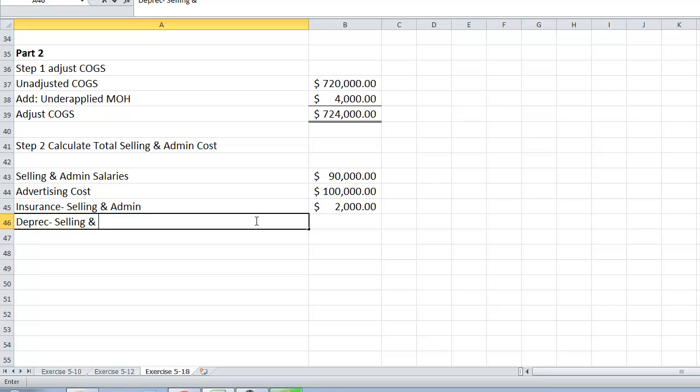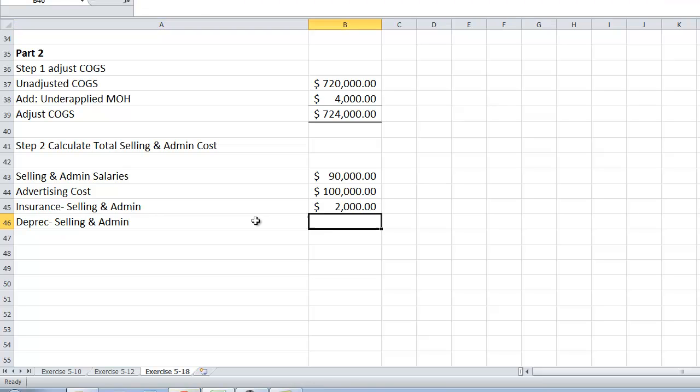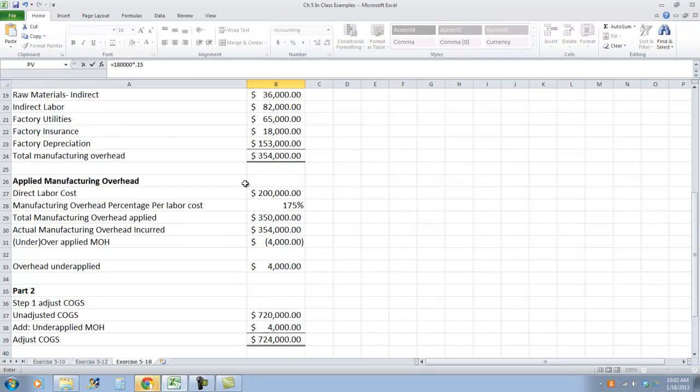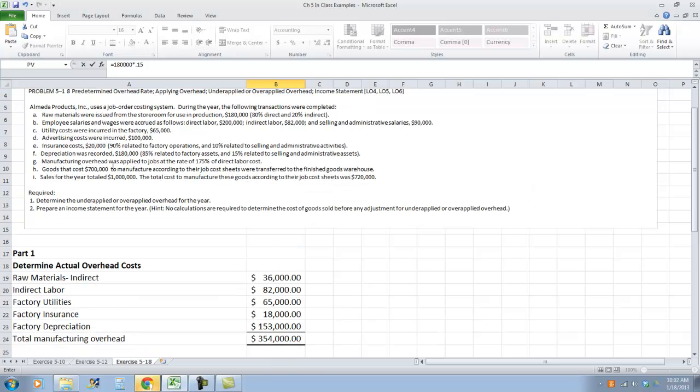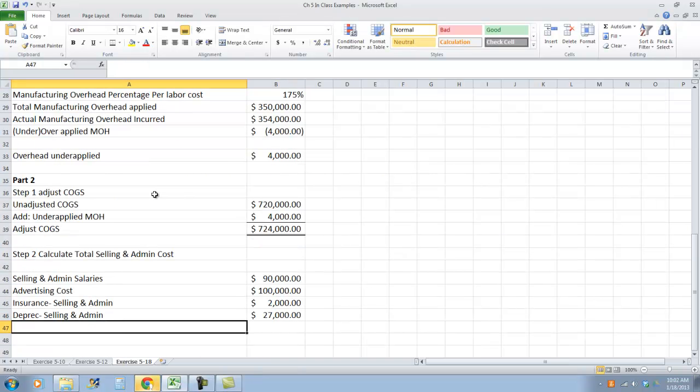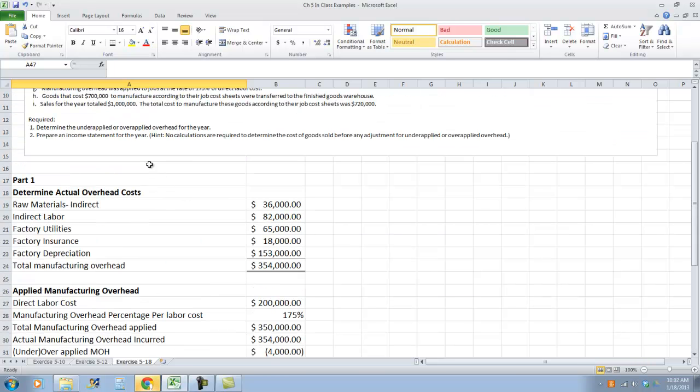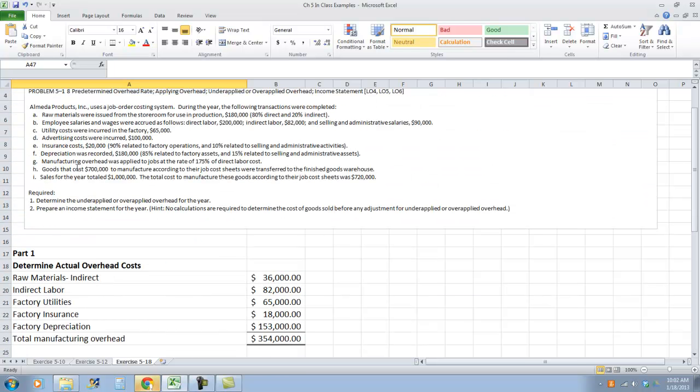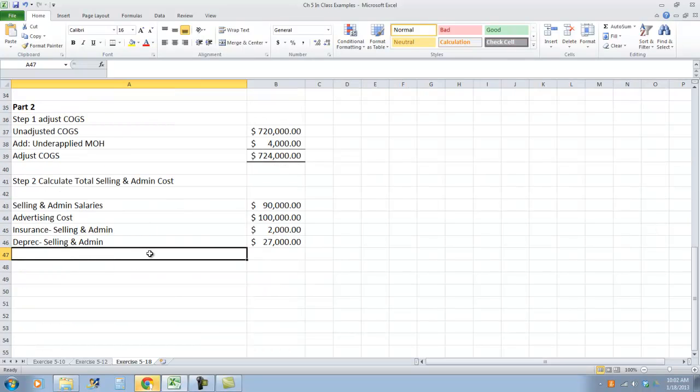So check that, 180 times 15%. All right, so that's 27,000 in depreciation. Let me see if we have anything else. Manufacturing overhead, no. So these are our total selling and admin.